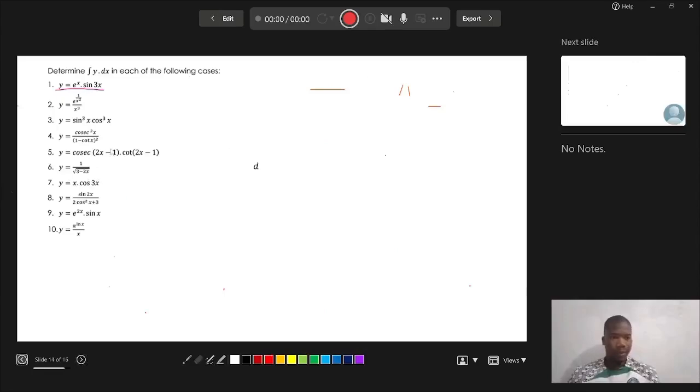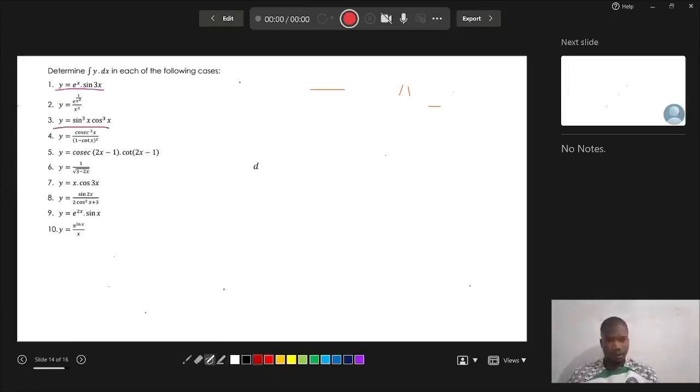Okay, so now we'll be dealing with our second problem, which is y is equal to sine cubed x cos cubed x.